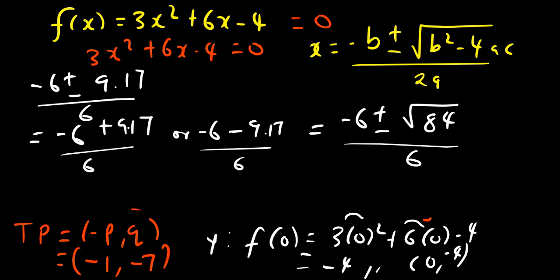So my x values, when I punch that, the first one I'm getting is 0.53. The other one, these are just approximations, I've rounded off, I'm getting negative 2.53. These are the points that we have.